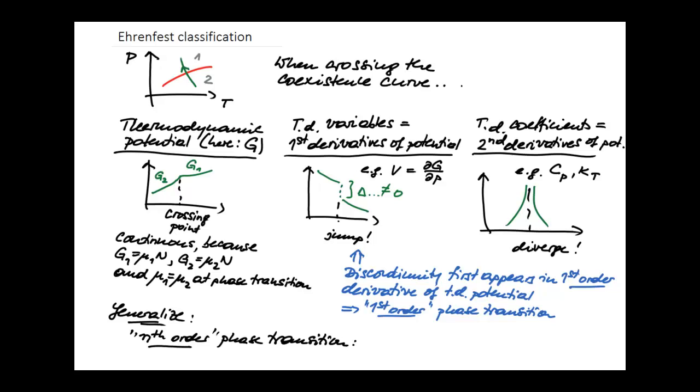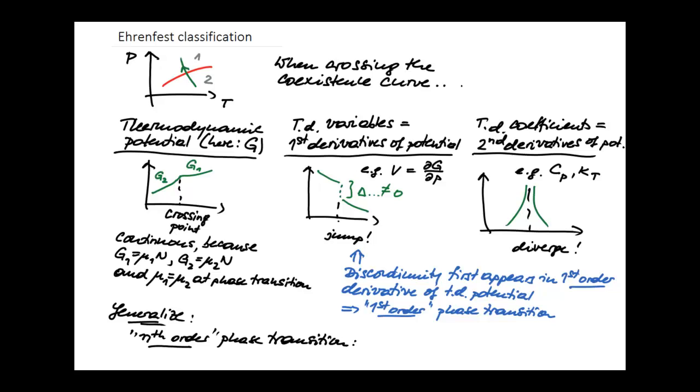So, specifically, a second-order phase transition. In a second-order phase transition, you do not have a jump in entropy or volume at the phase transition, but you have a discontinuity in certain thermodynamic coefficients. And tomorrow we will look at a specific example for a second-order phase transition.